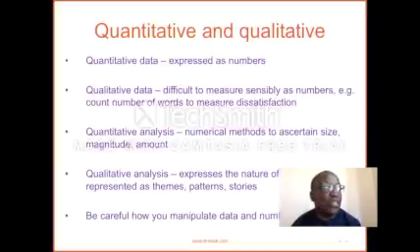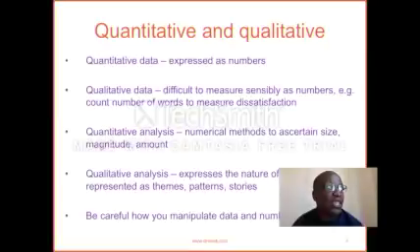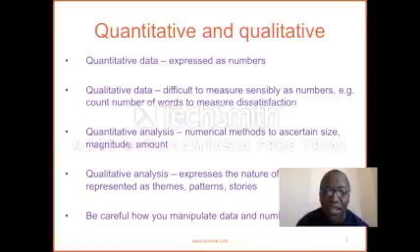It's the sort of data that you'd get, for instance, through a qualitative interview, where the responses you get will be maybe text-based. So it's difficult to, for instance, count the number of words to measure dissatisfaction, as just one example.